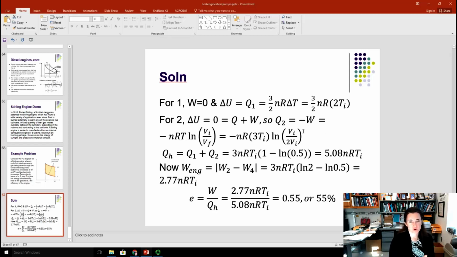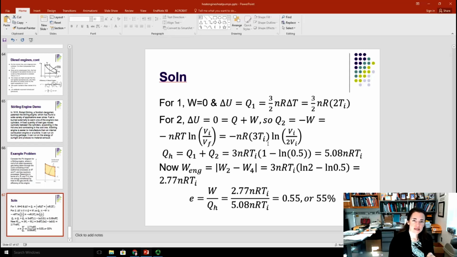So minus the work would be minus nR times the temperature, which would be 3 Ti, times the natural log of the ratio of the initial to the final volume. The initial volume is given as Vi, and the final volume is given as 2Vi. So your heat would be equal to negative 3 nRTi times the natural log of 1/2.